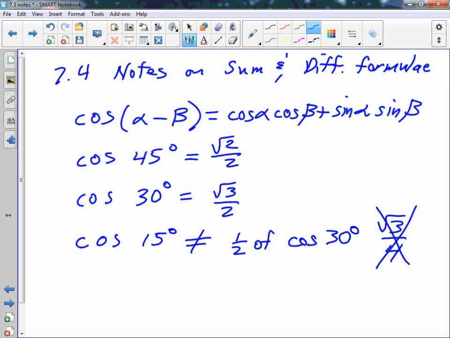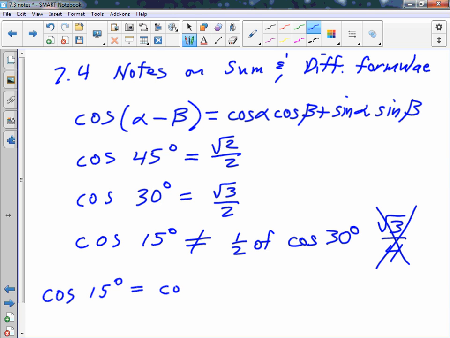Because the cosine function is not linear, is it? It's all squiggly.